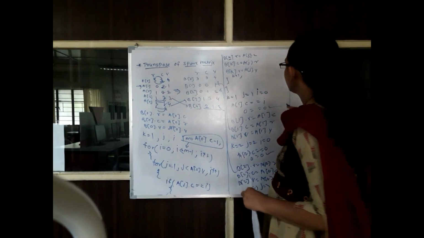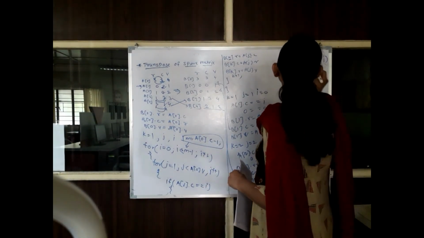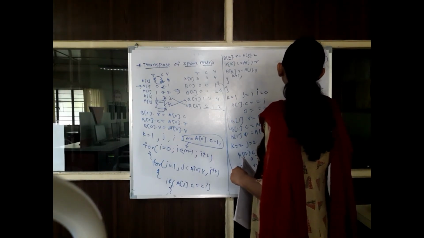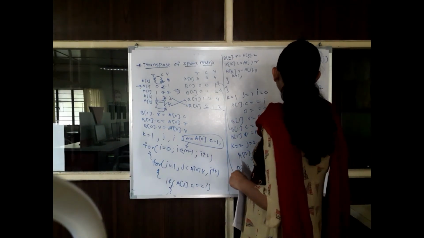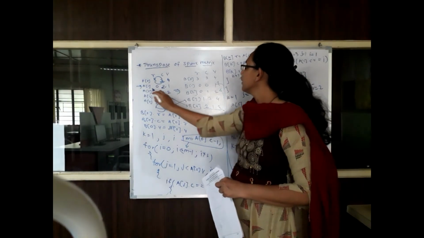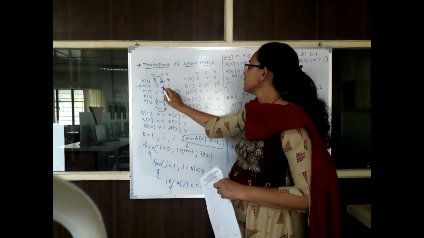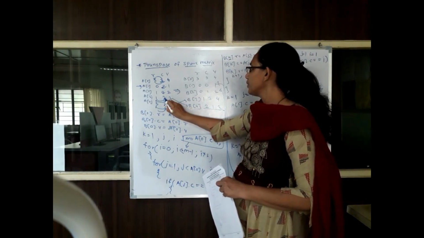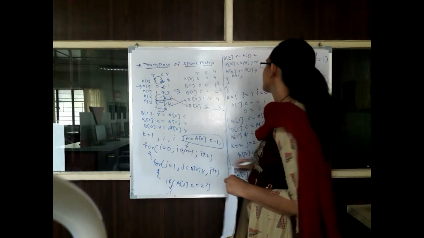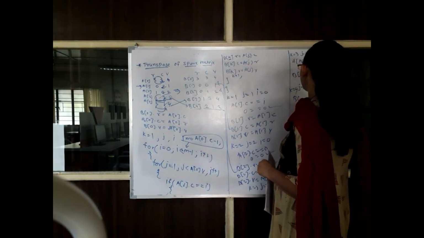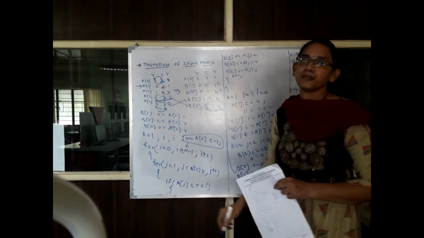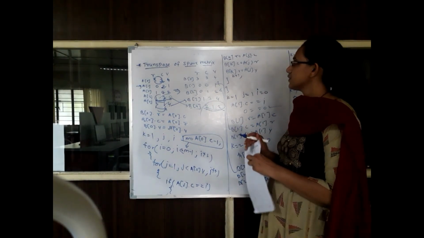And then next, it increments I value, I is equal to 2, J is equal to 1 and K is equal to 4. And then it will check whether the first tuple's C value is 2, no. 2, no. 2, yes. So this will be stored in B of 4. Likewise, this will get executed.